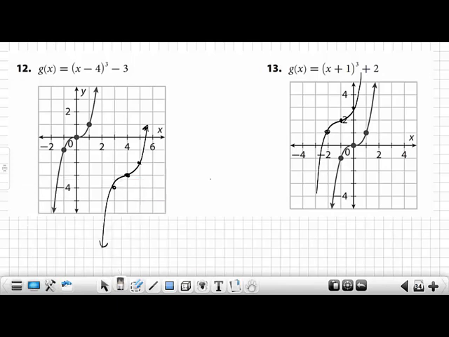So here, 0, 0 became 4, -3. 1, 1 became 5, -2. -1, -1 became 3, -4.